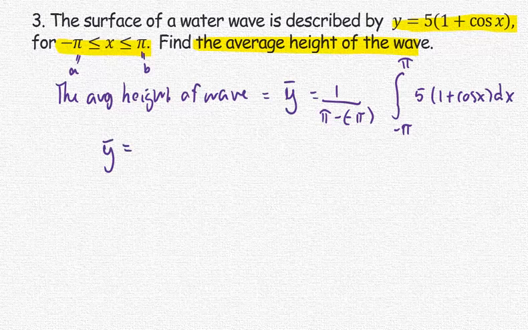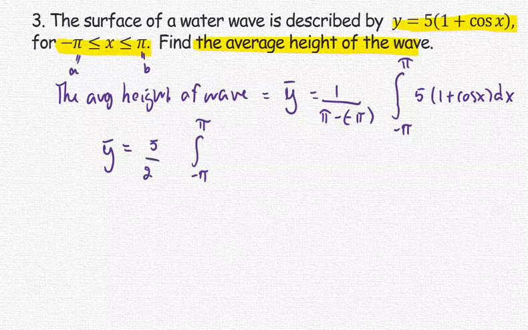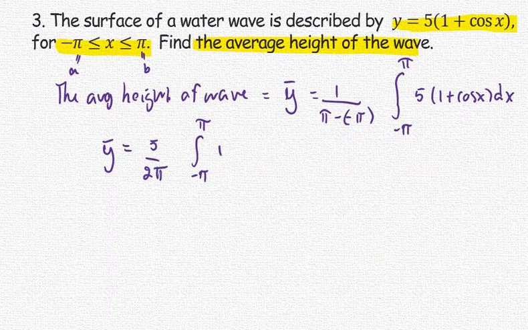Simplify pi minus negative pi to give us 2 pi, and then the definite integral from negative pi to positive pi of 5. We simplify the coefficient as 5 divided by 2 pi, and the integrand is now just 1 plus cosine x with respect to x.